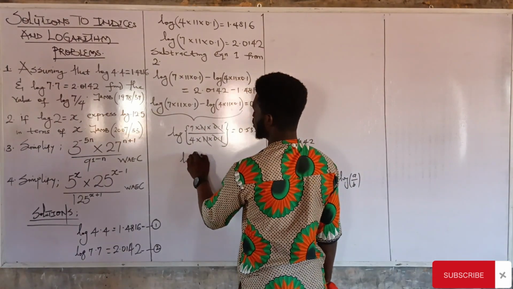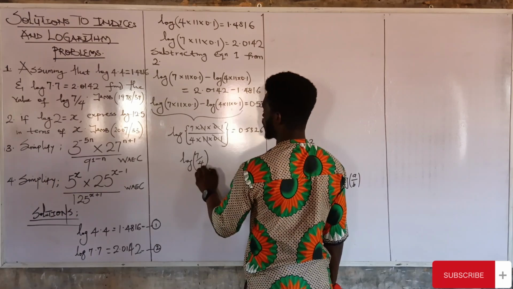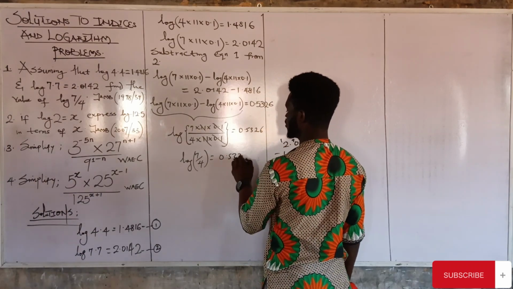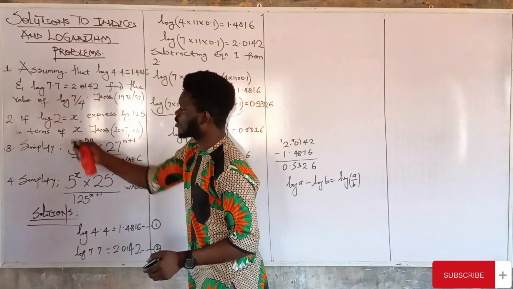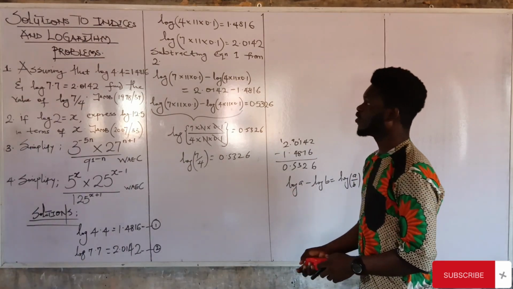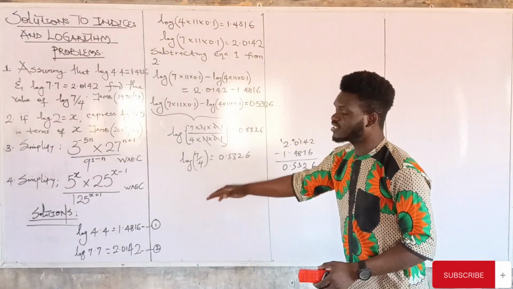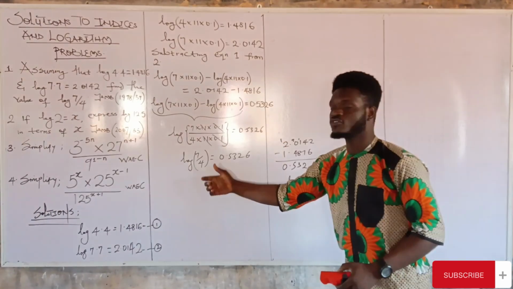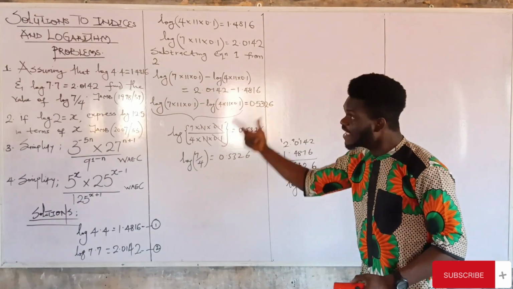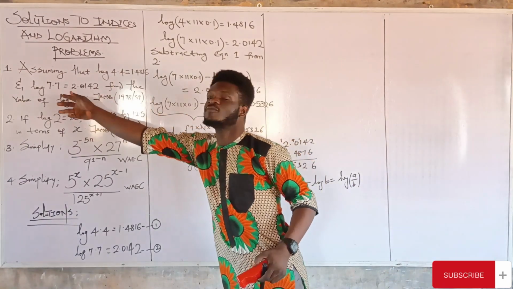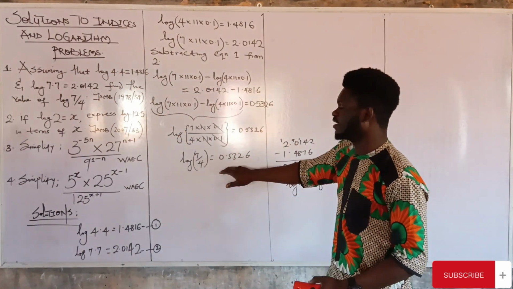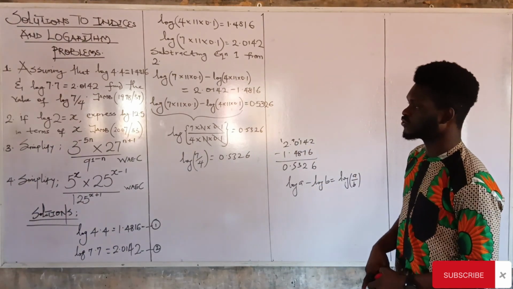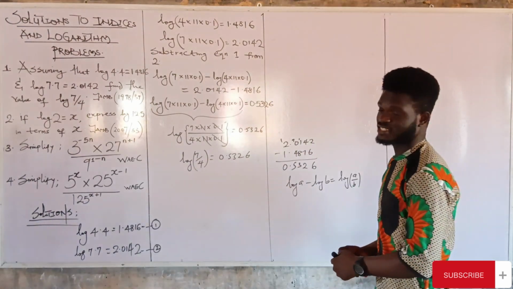We have log 7 over 4 is equal to 0.5326. That was the question, log 7 over 4, that we were told to look for. So we have systematically solved it, and this is the answer. So if log 4 is this and log 7 is that, then certainly log 7 over 4 must be equal to this answer. That's the answer to that question.